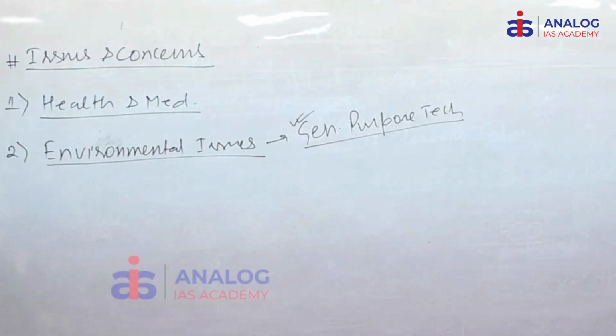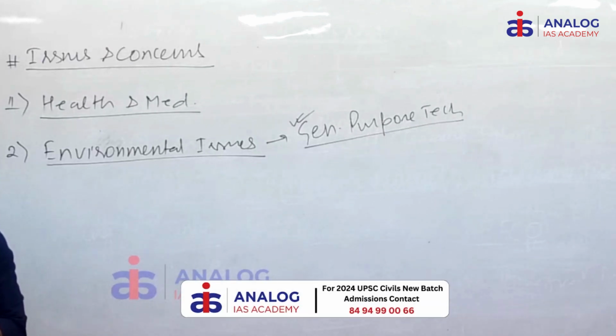So in the food chain, it will again lead to amplification, biomagnification, and it might impact biodiversity as well, because this will accumulate in different organisms in the environment.